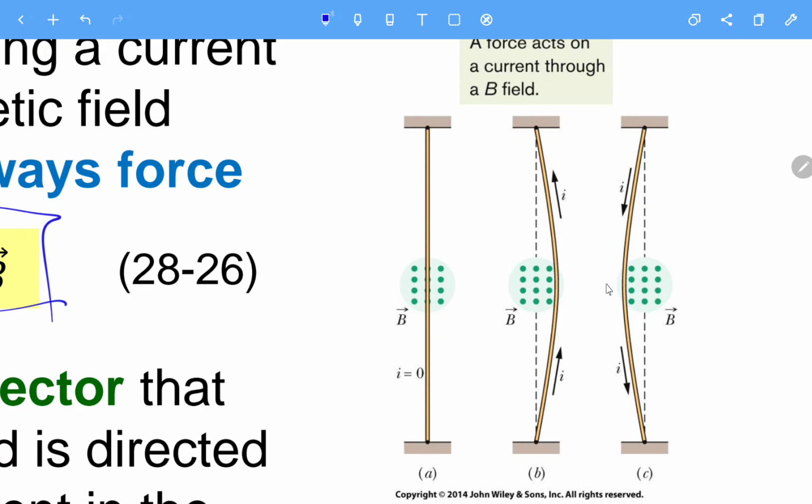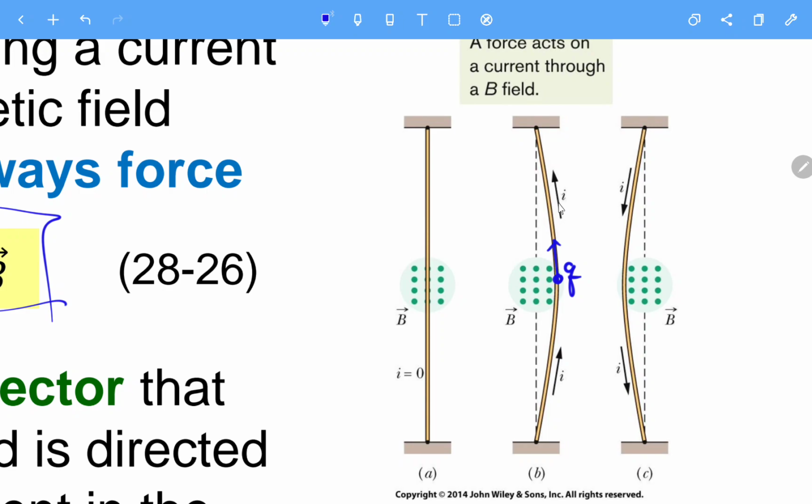Why will it be like that? We can consider that there are some positive charges going to the top. You may ask, shouldn't it be negative charges going in the opposite direction? But actually here, it doesn't really matter for this case. So I just treat it as a positive charge going from bottom to top, following the current direction.